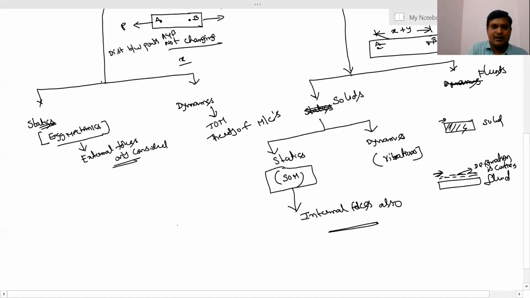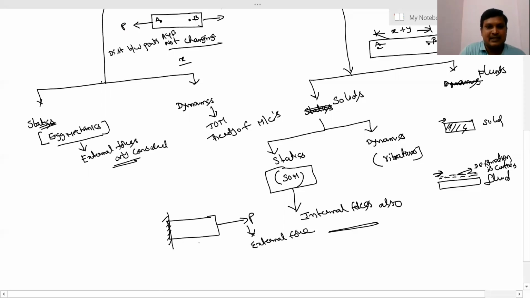Is it clear? So I'm taking a body like this. I'm constraining one end. When I apply some force, this is called the external force.